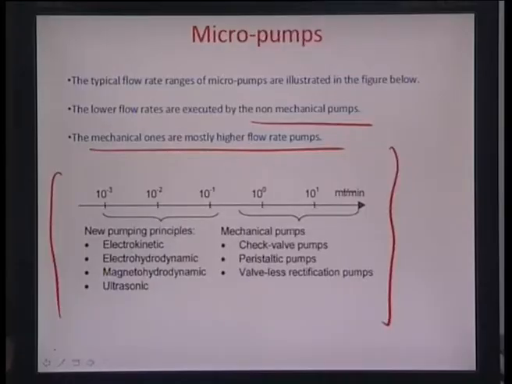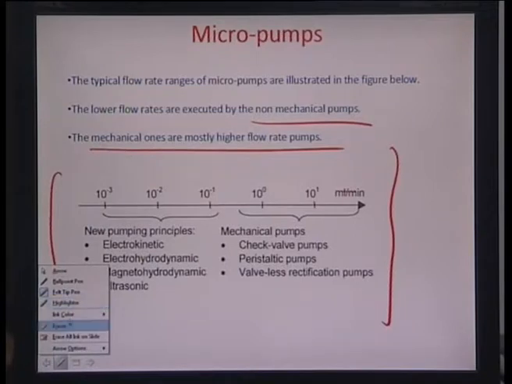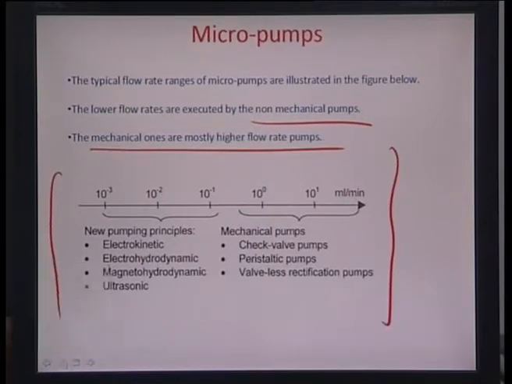So, if you look at the flow rates of different pumps in terms of ml per minute, the mechanical ones are categorized here on the right side of this particular scale. This could include check valve based peristaltic micropumps and valveless rectification pumps, and I am going to describe these in a little bit.